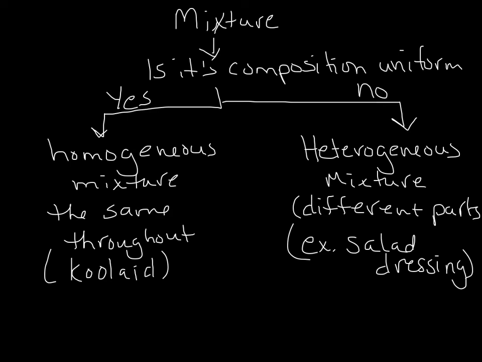There's no distinction. It looks all the same throughout. So those are just some definitions that you need to know. When we talk about compounds, elements, molecules or mixtures, you need to know what those terms mean. I hope this helps clear up any confusion about those terms.